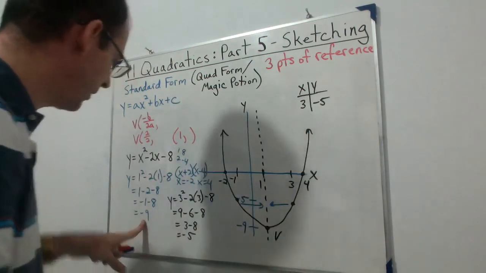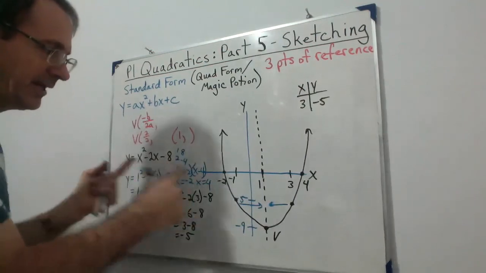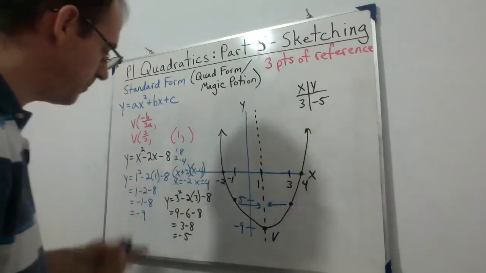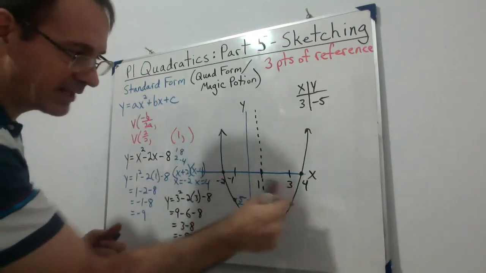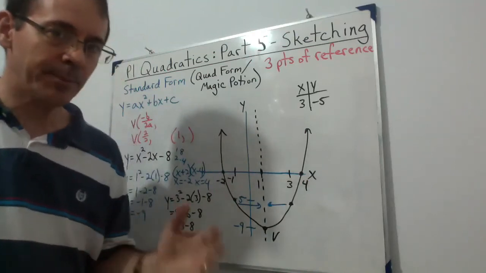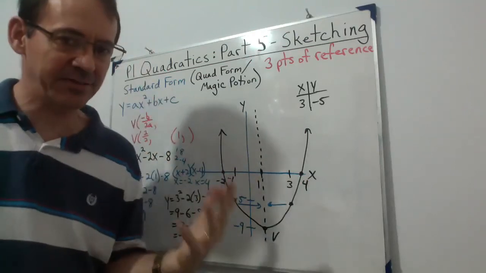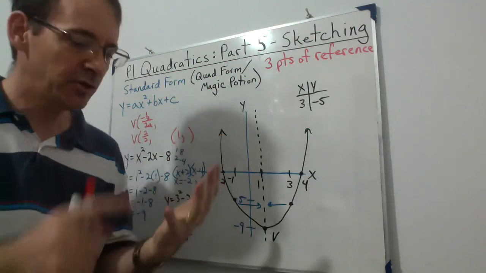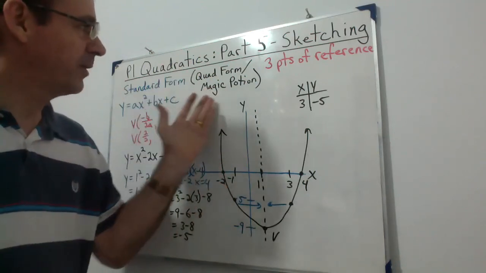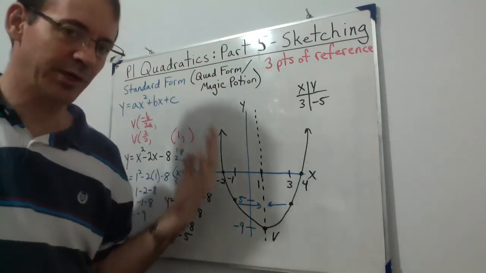That's your starting point, whether you want to factor it quickly to get your two intercepts, or whether you just want to plot an intelligent point and reflect it over your axis of symmetry. You have several options, but here you're getting to understand the graph. It's helping you with factoring, completing the square, the quadratic formula, or the magic potion, whichever one you prefer.